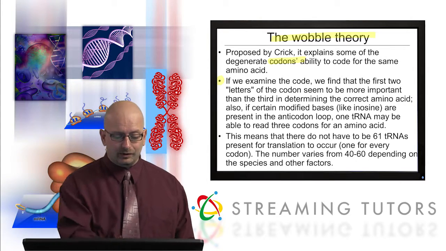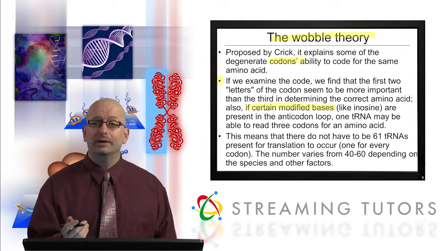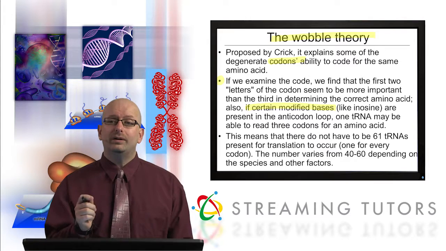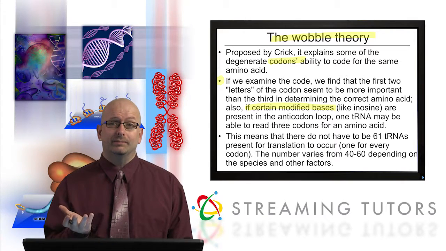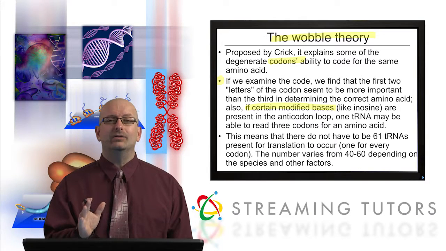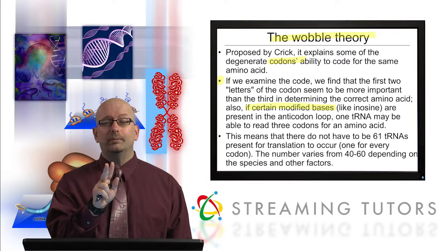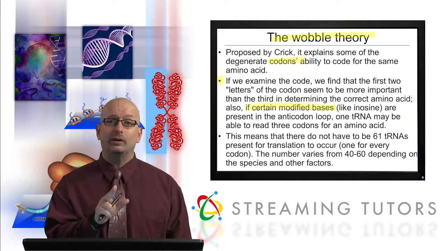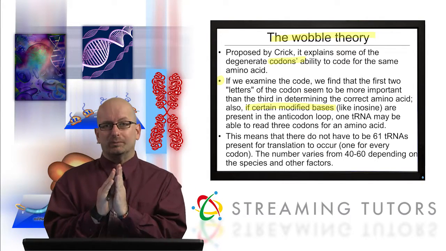We didn't get into this deeply, but there are certain modified bases, inosine being a popular one. If they're present in the anticodon loop, one tRNA may be able to read 3 codons for an amino acid. So the bottom line is, it's not always true, but the first 2 letters are oftentimes enough to specify the correct amino acid.